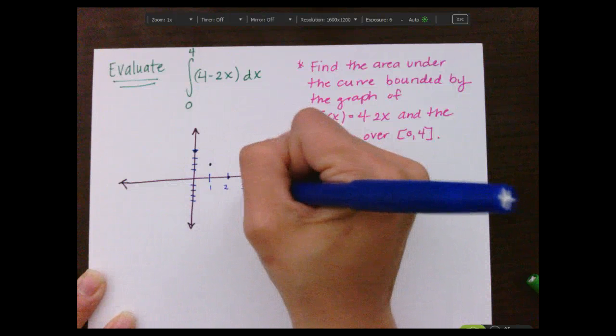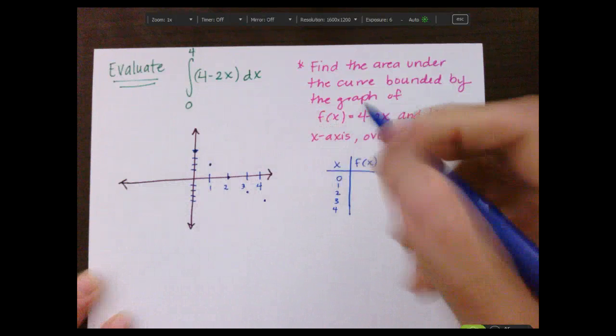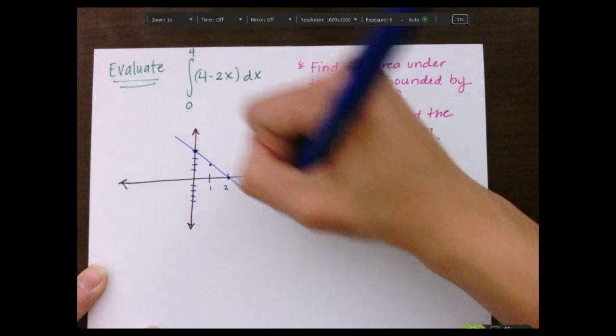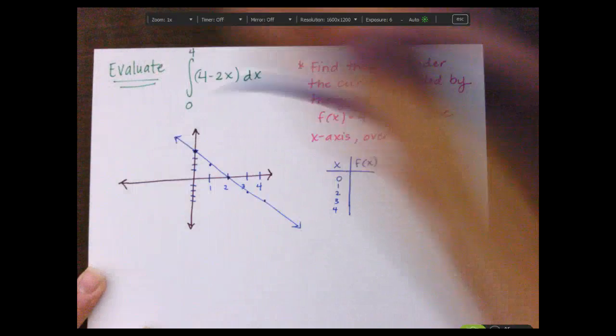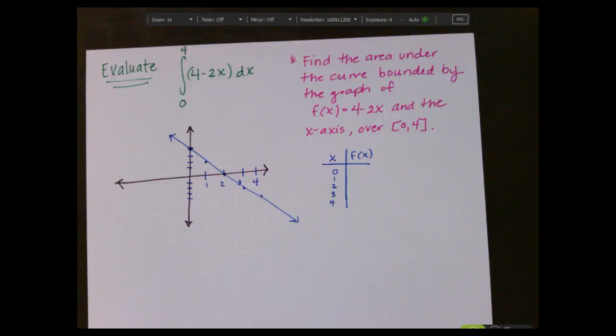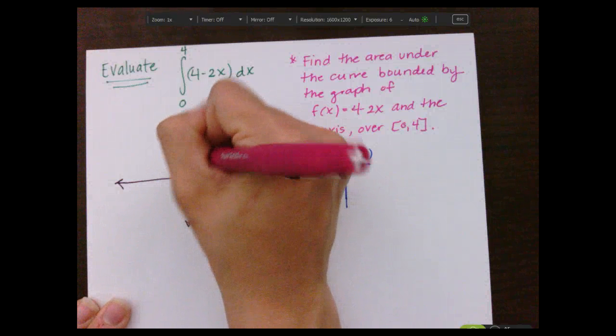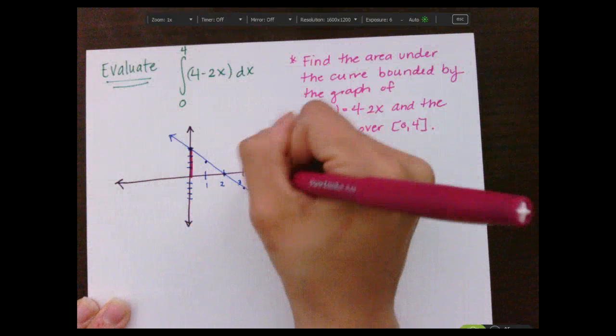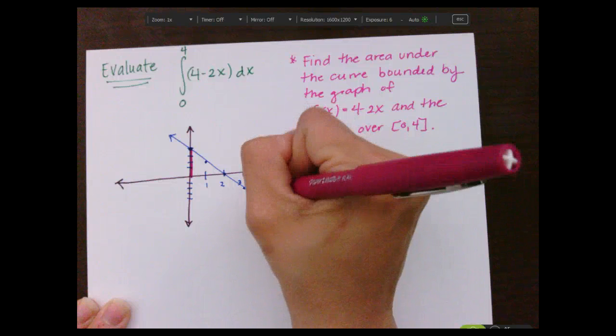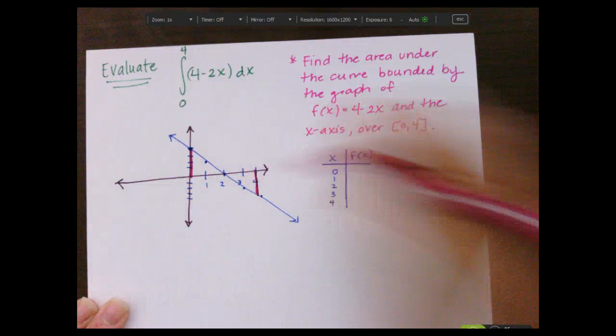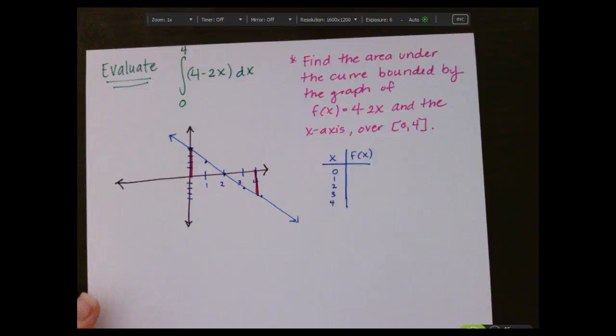So I'm going to keep graphing. And so my line, when I graph it, looks like this. But remember, I only want the section that's bounded by 0 and 4. So I'm going to draw those boundary lines in. I want to bound my graph over the interval from 0 to 4.